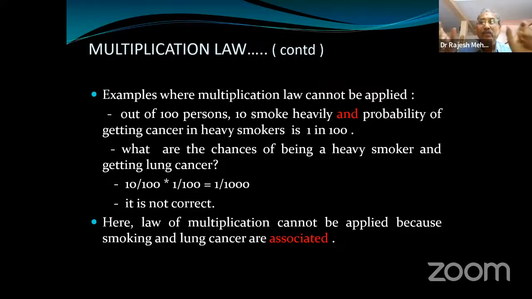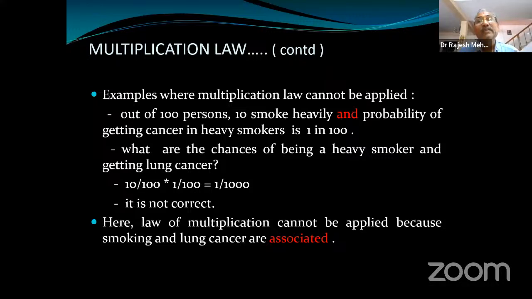If it is a different thing, then we can apply. If you have two separate decks, 52 cards here, 52 cards here, in that case, if you ask what is the probability that both will have the black king? For both the black king, you will have 1 upon 52 multiplied by 1 upon 52. That will be the probability for both having a black king.